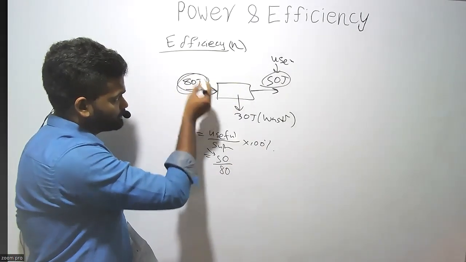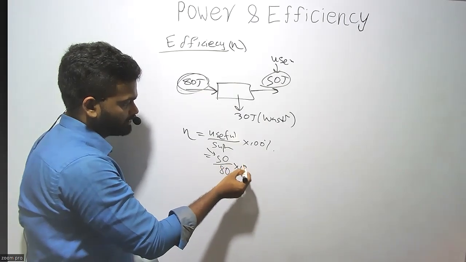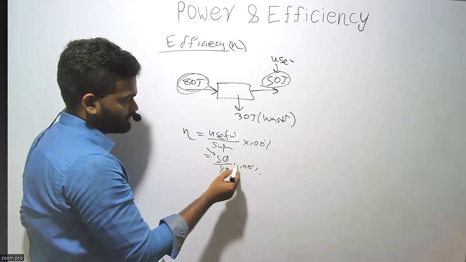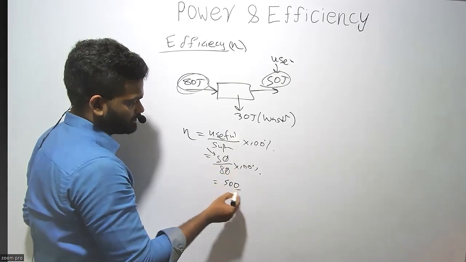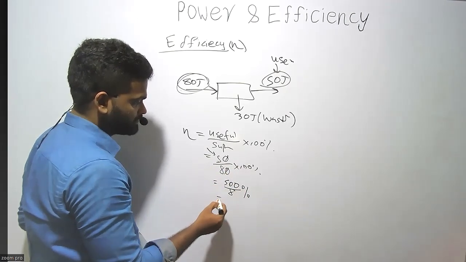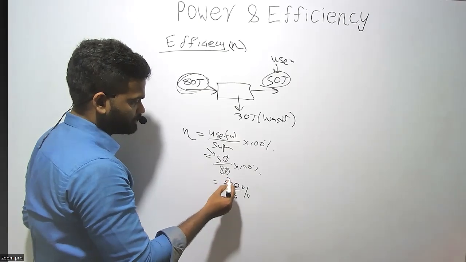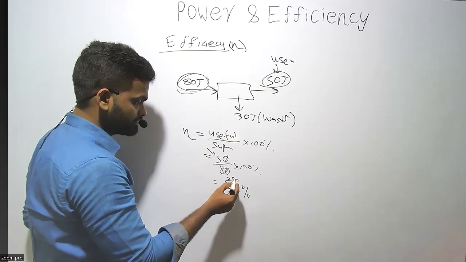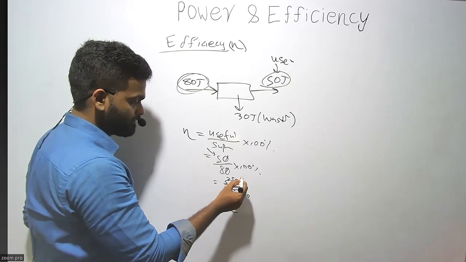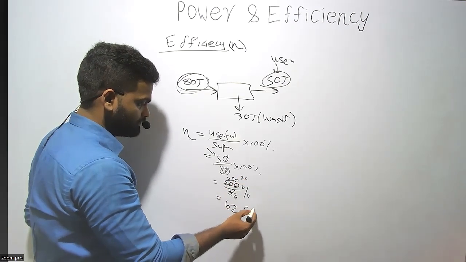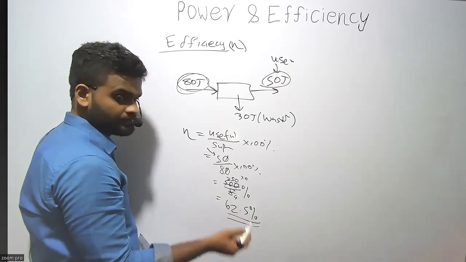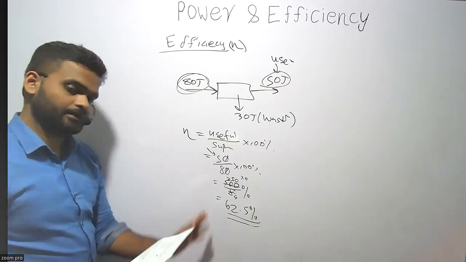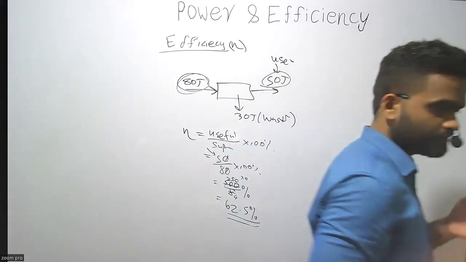This is the input, 80, 100%. So this is 500 divided by 8%. 4, 250. 250 divided by 4, that is 62.5%. So the efficiency of the machine is 62.5%. Got it? Take it down, and you have to redo these questions.